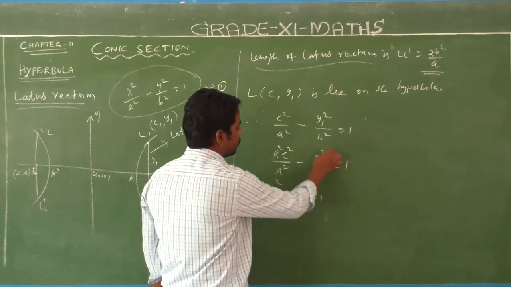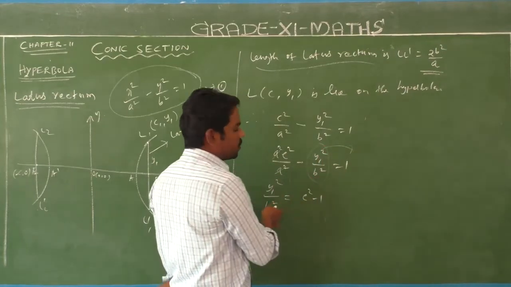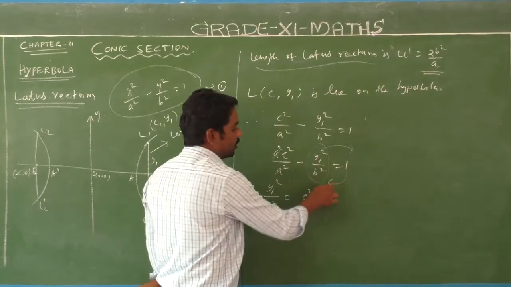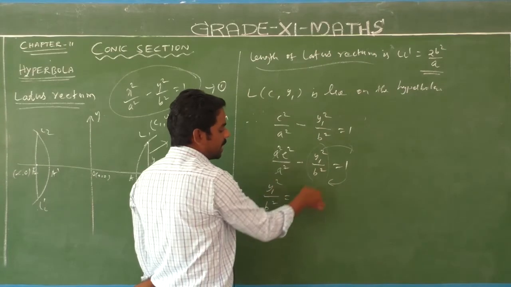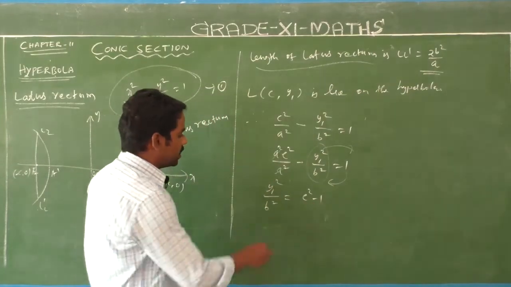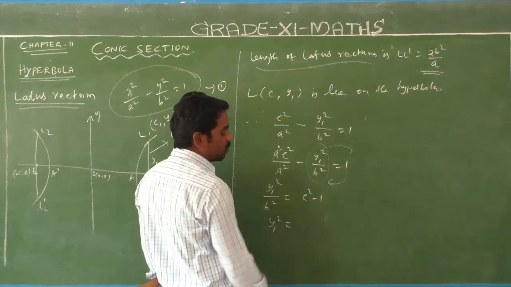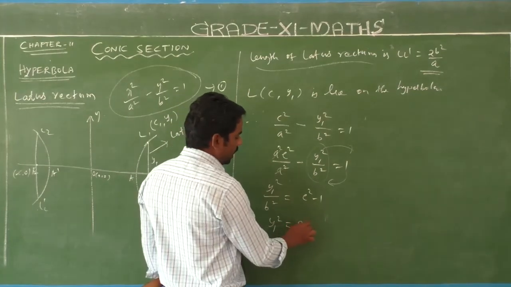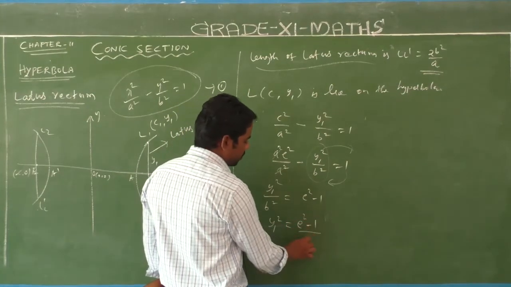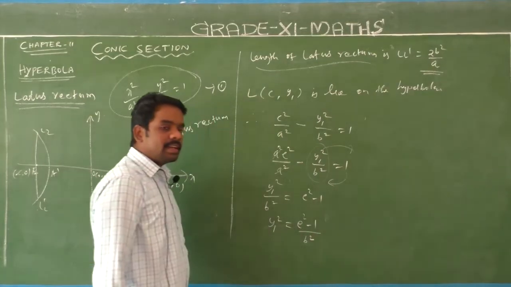Moving the terms, minus y1 squared by b squared becomes plus y1 squared by b squared, and the 1 goes to the left side, so e squared minus 1. Then y1 squared is equal to e squared minus 1 multiplied by b squared.